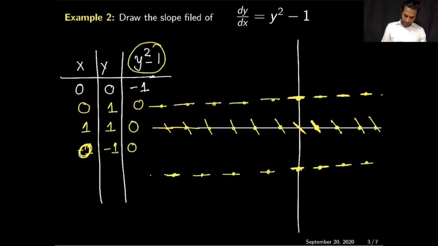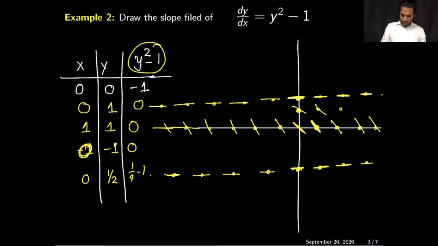Also, you can notice if you take x equal to 0 and y equal to, let's suppose, 1/2, like a point here, you are going to get a negative slope. So it's going to be 1/4 minus 1, which is negative. So here, if I draw a tangent line, the slope is going to be something like this.